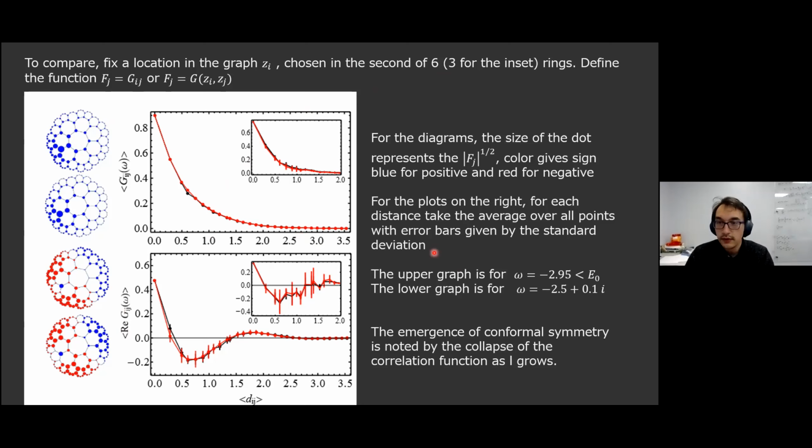One thing that is very nice is that as you increase the number of rings, these graphs collapse into a single curve, which denotes the emergence of the conformal symmetry on the graph. Here I give you the values for the two energies they are checking. This one is a complex energy, and the first one is below the ground state.